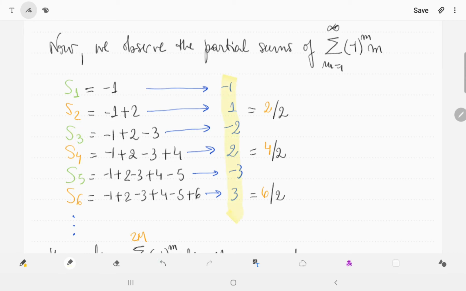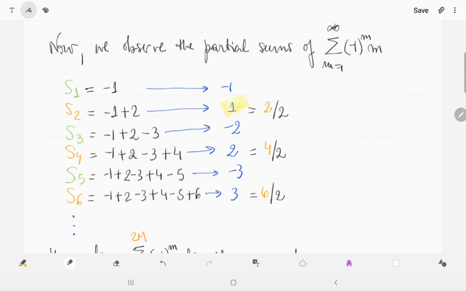We can see that the values are increasing, and depending on whether m is even or odd, we are going to -infinity or infinity.